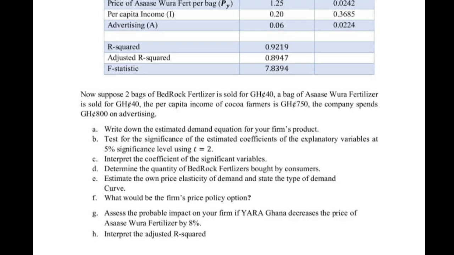Then we'll go to the last part, which is the H. The H says that we should interpret the adjusted R squared. So now the adjusted R squared in the question represents the importance of the independent variable.